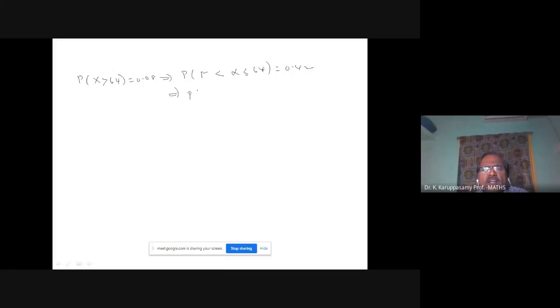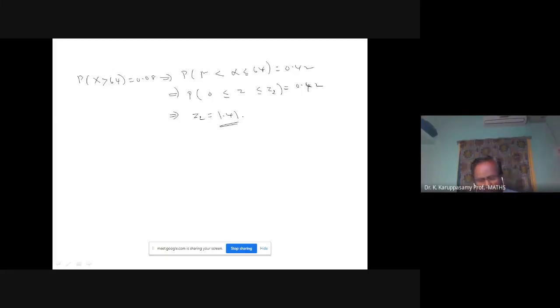You convert in terms of Z: probability of 0 less than or equal to Z less than or equal to Z2 is equal to 0.42. Corresponding to 0.42, what about your Z? So you apply the calculator reversely. Your Z2 value will be 1.41. How have we obtained 1.41? Normally it will be given in the question.